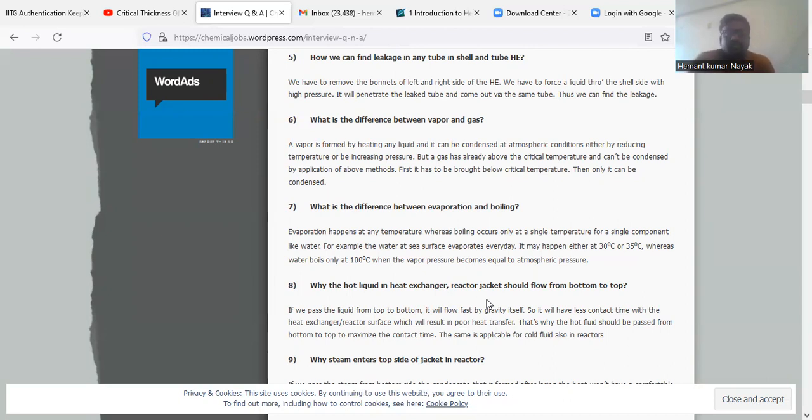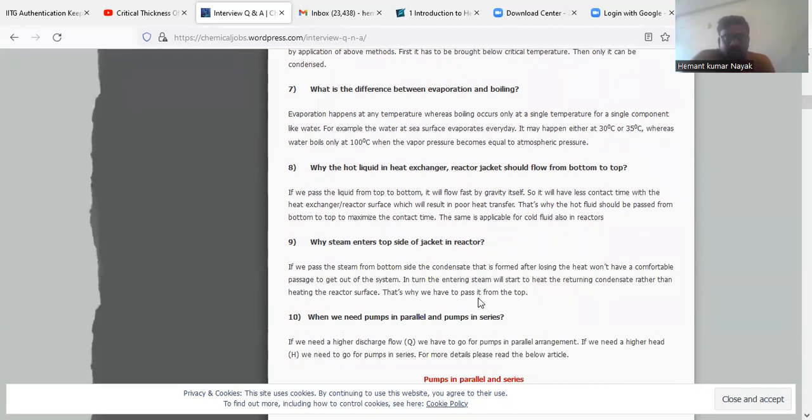The next question is why the hot liquid in a heat exchanger or reactor jacket should flow from bottom to top. If we pass the liquid from top to bottom, it will flow fast by gravity itself, so it will have less contact time with the heat exchanger or reactor surface, which will result in poor heat transfer.